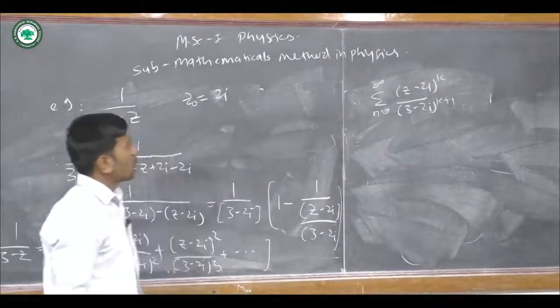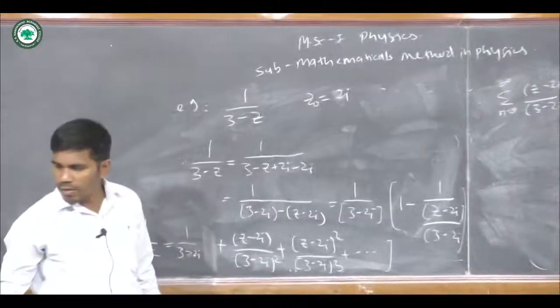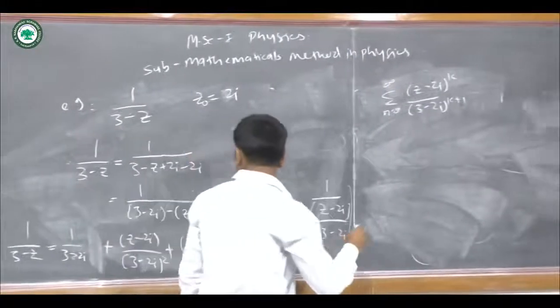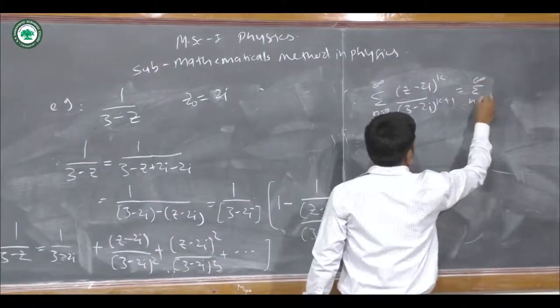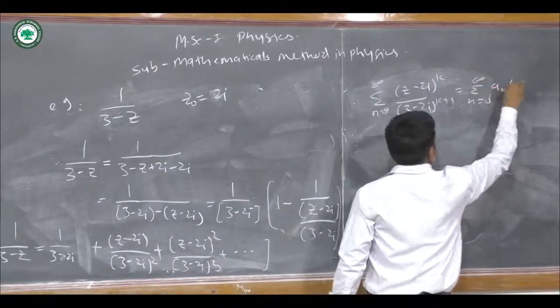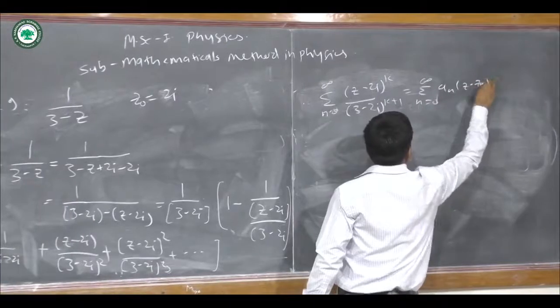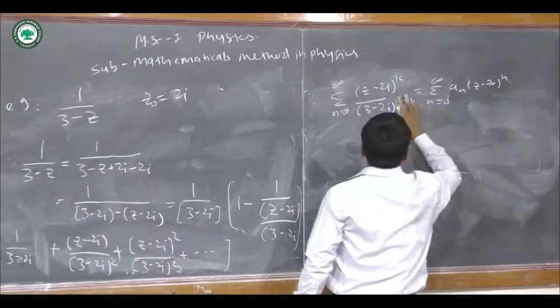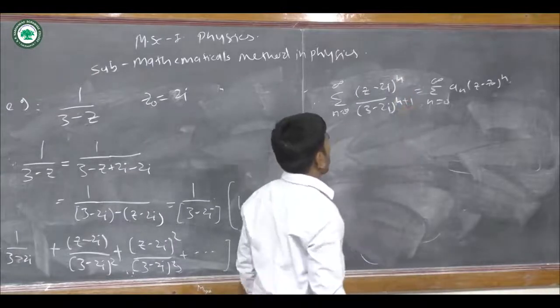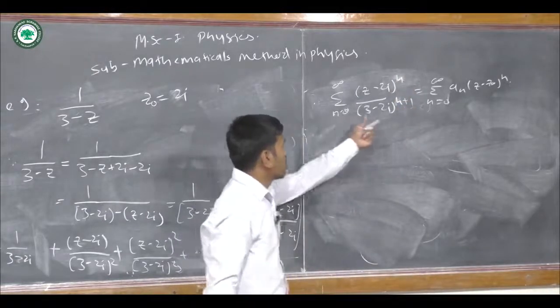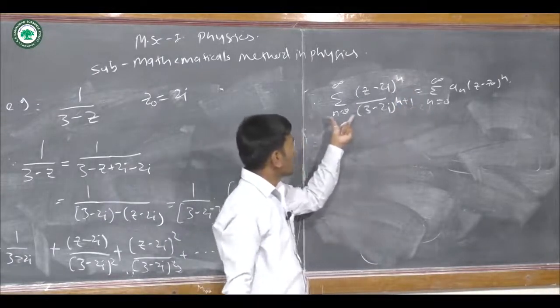So this is equal to the power series, the summation of a n into z minus z naught to the power n.